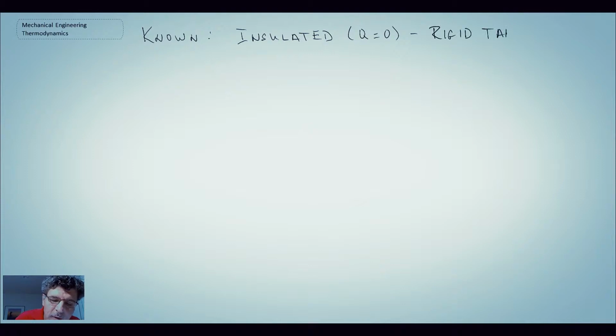The word rigid here is important because that means the tank walls are not changing, which will come into play as we go through the analysis, because there is no boundary work as part of the process. We're told that the gas that flows in has atmospheric conditions, so 95 kPa and 17 degrees Celsius.